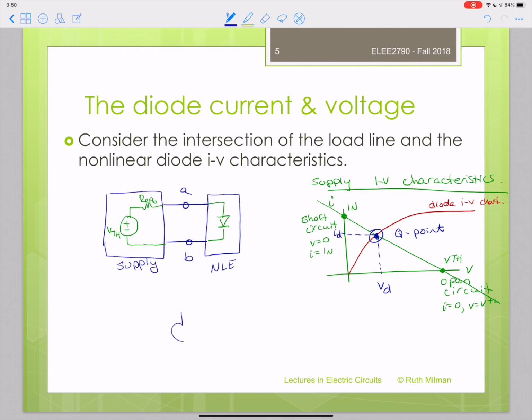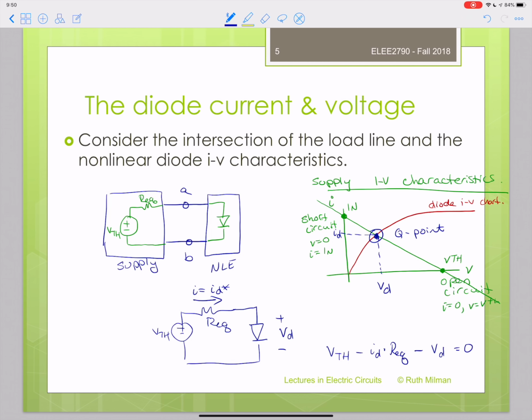We're going to have VTH. We have REQ. The current that goes through here is equal to that current when we have placed that diode. The voltage drop across the diode is equal to that specific diode voltage drop, and we end up with Kirchhoff's voltage law, which tells us that VTH minus ID times REQ minus the voltage across the diode is equal to 0.